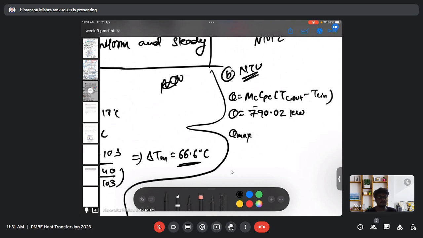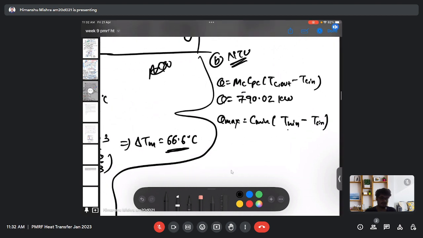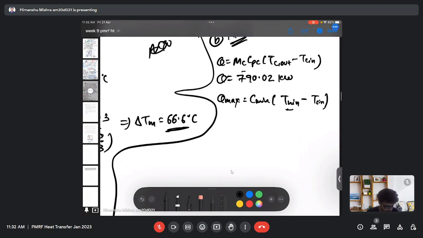For the parallel flow, it was the inlet temperature for both hot and cold fluid. But for a counter flow heat exchanger, the maximum will be hot inlet minus cold inlet. So basically, we can also write hot outlet here, because the temperature is constant for the hot fluid.